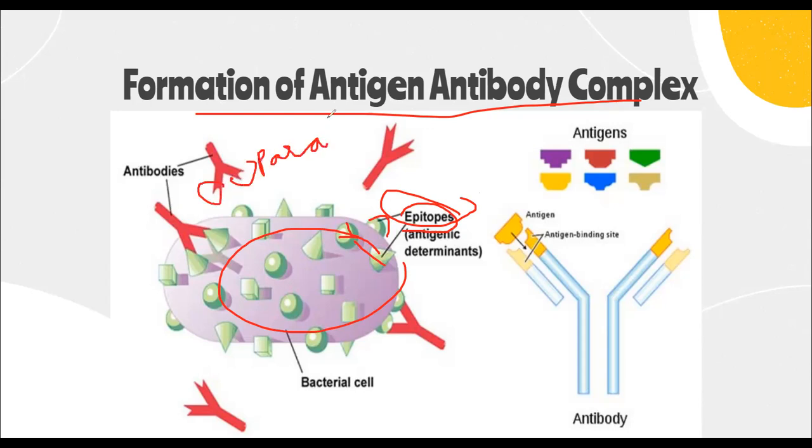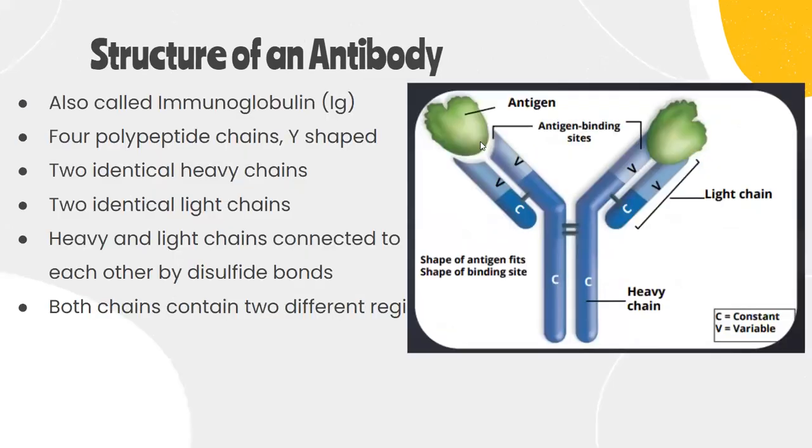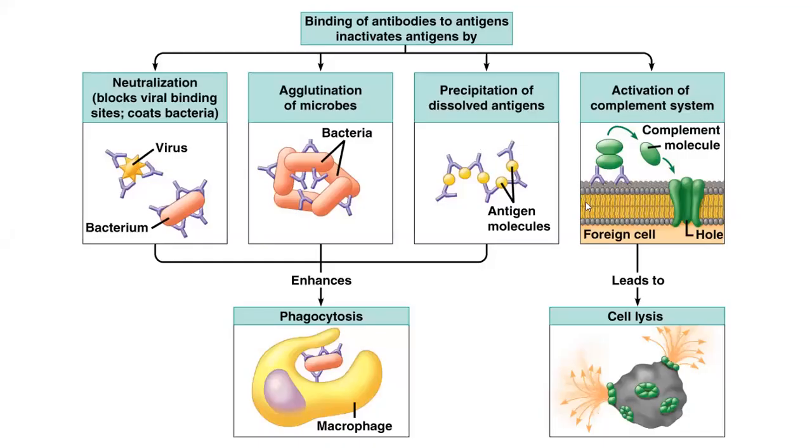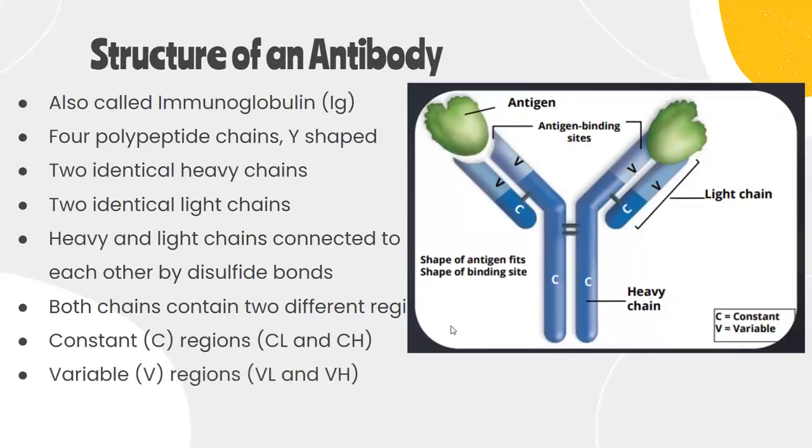So the paratope and the epitope will come together, and they will form an antigen-antibody complex. And once the antigen-antibody complex is formed, it can be removed or destroyed by any of these mechanisms, followed by phagocytosis if that is happening, and if the complement system is activated, then the cell will automatically lyse. So that's all for this video.